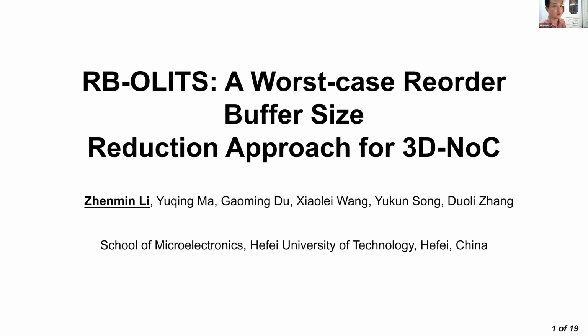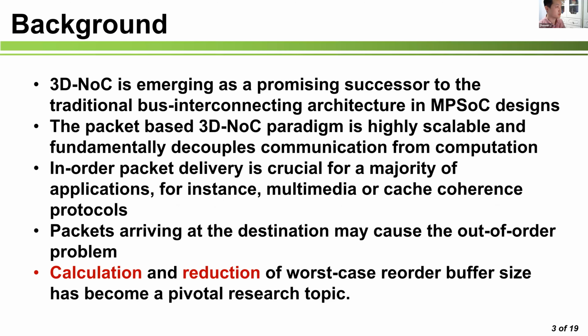Hello, everyone. Today I'm going to present our work named RB-OLITs, a worst-case reorder buffer size reduction approach for 3D NoC. My name is Jianming Li, and I'm from Hefei University of Technology. First, the background of our research: 3D NoC is an emerging technology which is a promising successor to the traditional bus interconnection architecture.